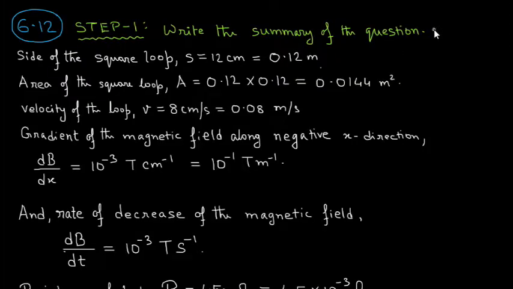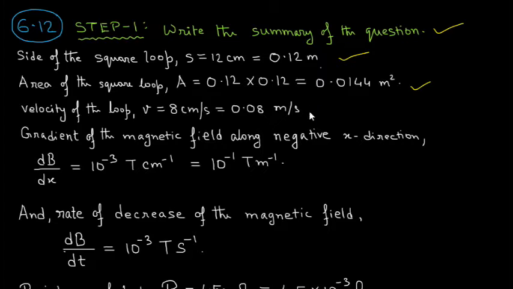So in step 1, we'll write the summary of the question and the given values. Side of the square loop s is equal to 12 centimeter, that is 0.12 meter. Area of the square loop, A is equal to 0.12 multiplied by 0.12, that is 0.0144 meter square.